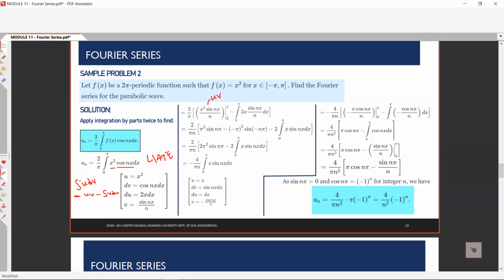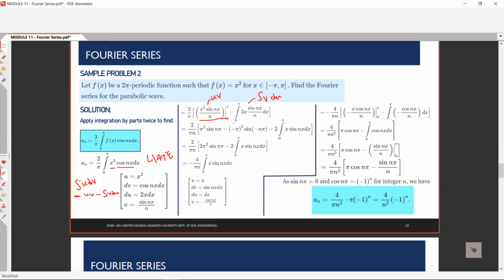Okay, evaluated from 0 to pi. This one is the integral of v du, evaluated from 0 to pi. So yung v natin is sin nx over n and yung du natin is 2x dx. So this one is 2x sin nx over n dx. Okay? So let's evaluate this one muna.